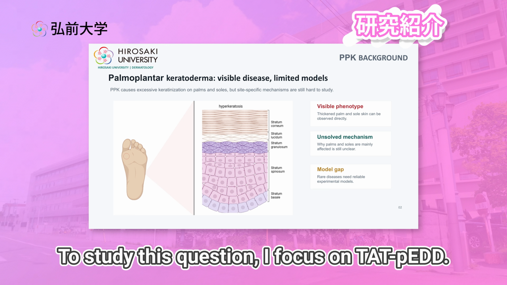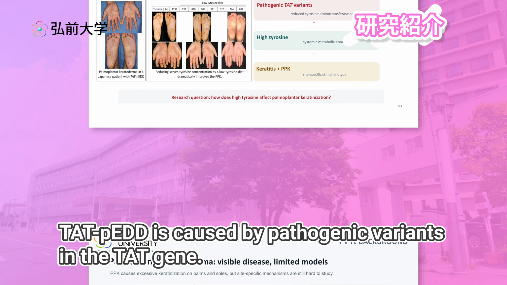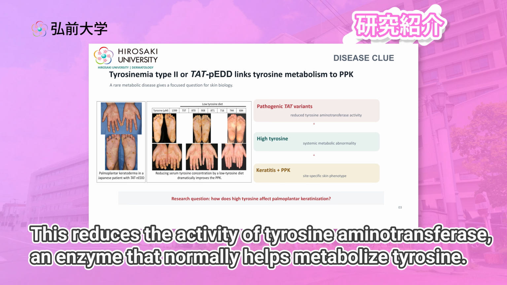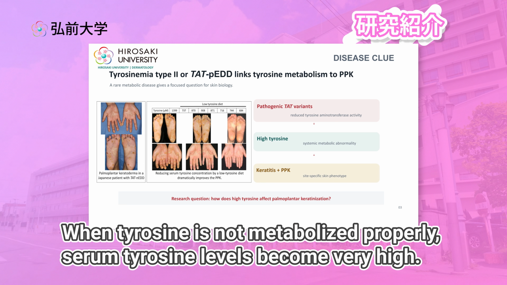To study this question, I focus on TAT deficiency. It is caused by pathogenic variants in the TAT gene. This reduces the activity of tyrosine aminotransferase, an enzyme that normally helps metabolize tyrosine. When tyrosine is not metabolized properly, serum tyrosine levels become very high.